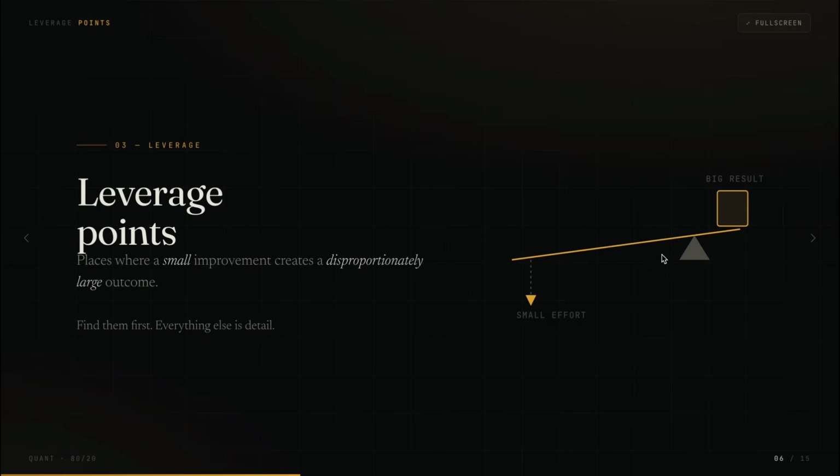If you have a 1-to-1 proportion, you invest 1 hour of your time and you get 1 hour back. With leverage, you invest 1 hour and get a result that could have cost you 10 hours or even more. It's not just time, it's everything. So your goal should be to find those leverage points first, and then everything else is a detail.